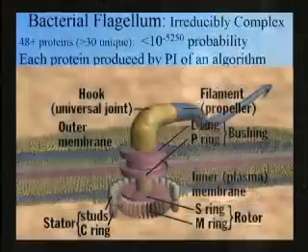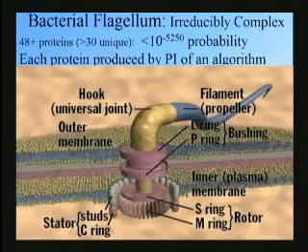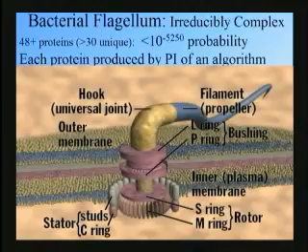So you'll hear things, well, there's the type 3 secretory systems that share some of the proteins. Well, yeah, they do. They share about 10 of them. But that leaves still more than 30 that are unique to the flagellum. And so if you just take those 30 unique ones and do some calculations, the probability of forming those is 1 part in 10 to the 5,250th power, right off the bat.